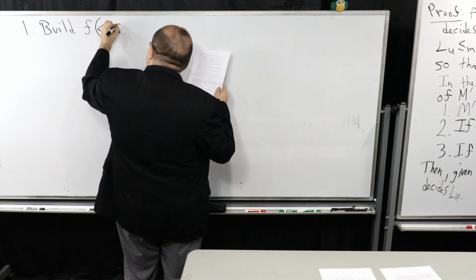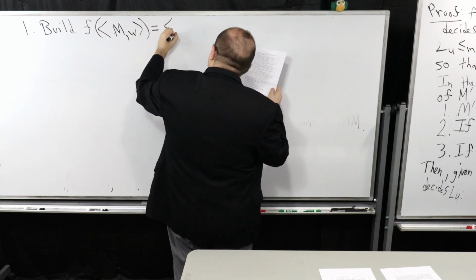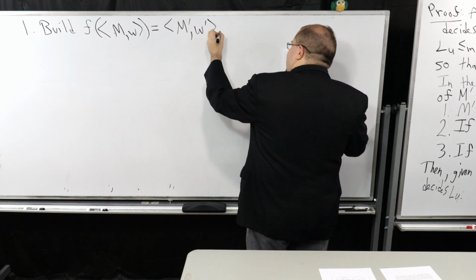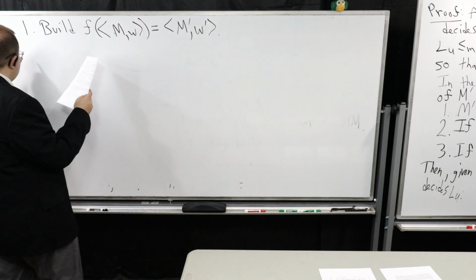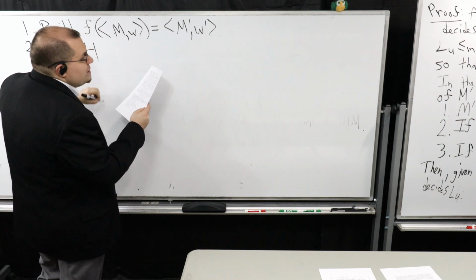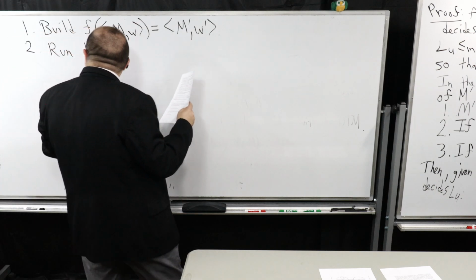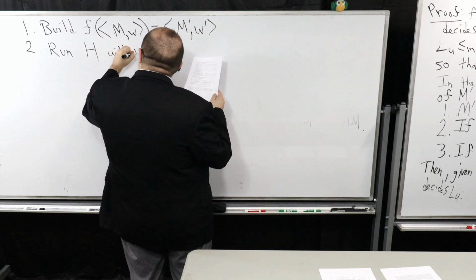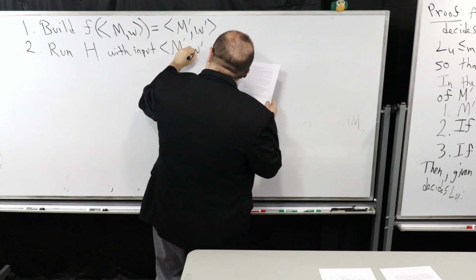So you take in MW for my reduction, and it gives me on the tape this encoding of a Turing machine M prime with input W prime. And now what you're going to do is you're going to run H, which is my decider for the halting problem. So I'm going to run H with input M prime W prime.